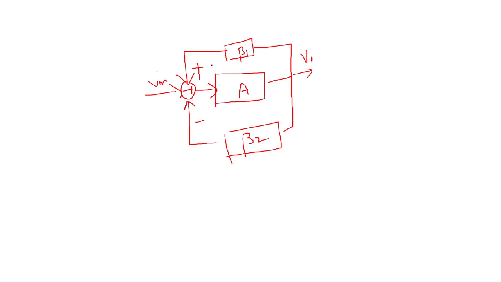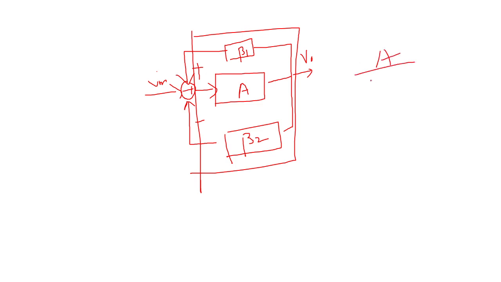So what is the net gain? Due to one, if it is negative feedback, it is A by 1 plus A beta, right? If it is positive feedback, it will be minus, A by 1 minus A beta 1. Okay, so the net gain will be like this.